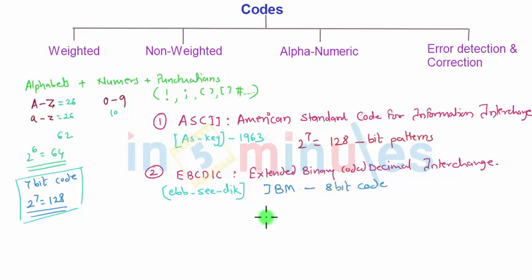So again, 2 raised to 8 is 256 bit patterns of 8 bits, and it is similar to ASCII. So this is all about alphanumeric codes.